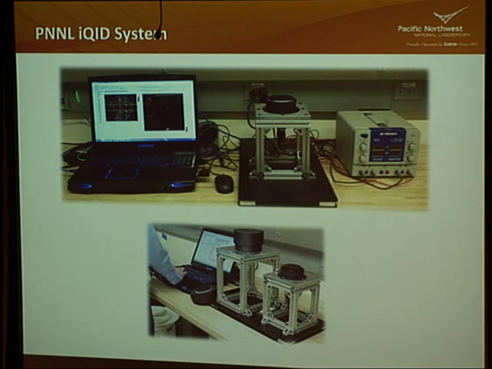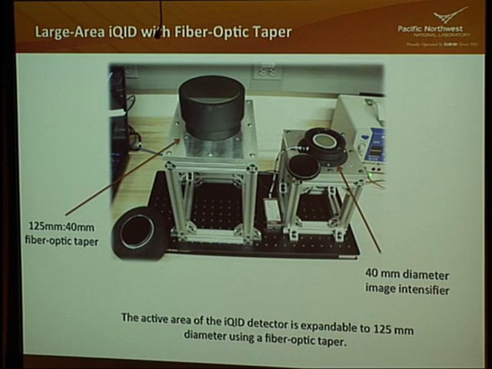It runs off a laptop with a very nice GPU. It's an image intensifier that has a 4-centimeter diameter. It can be coupled to a fiber optic taper that gives us an active area of 125 millimeters.